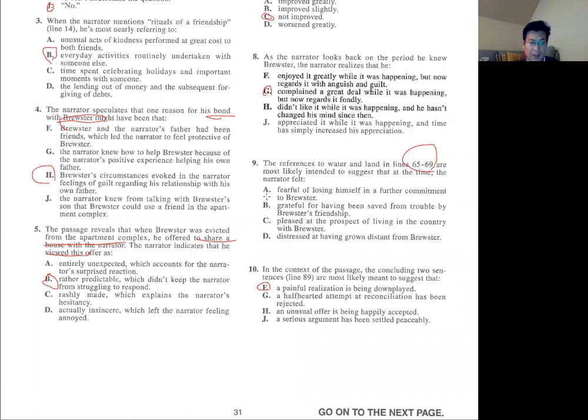Okay. They're like getting together and happy, but once Brewster depends on him too much, it's getting worse. Because of that, there's something negative you have to think about. There's a pulling down. So it's A, fearful of losing himself into further commitment to Brewster, because he's sort of afraid for his own social life. I don't want to hang out with a 75 years old man too much.